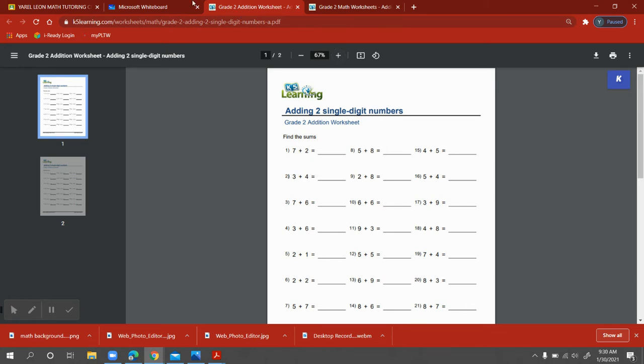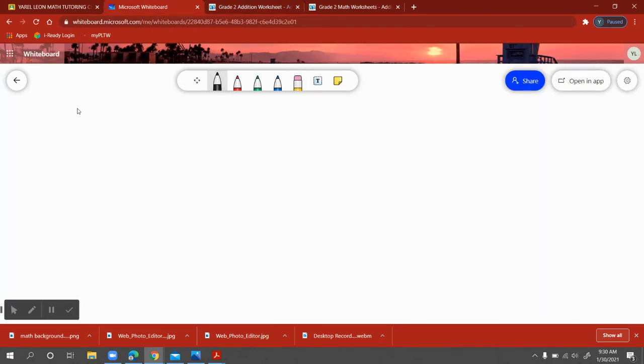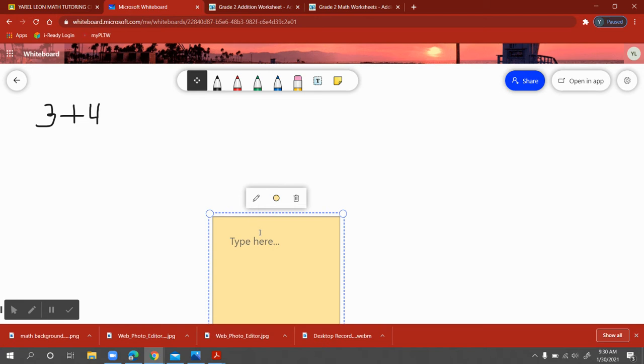Number 2. 3 plus 4. And you guys can make up different examples in your head. This is the last example for the questions, so I can do it mentally now. Let's use sticky notes over here.